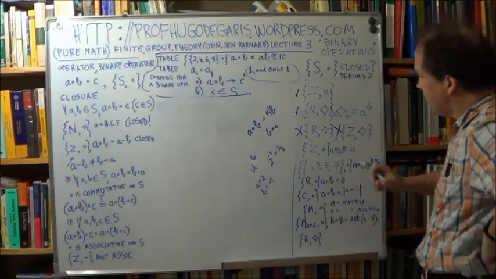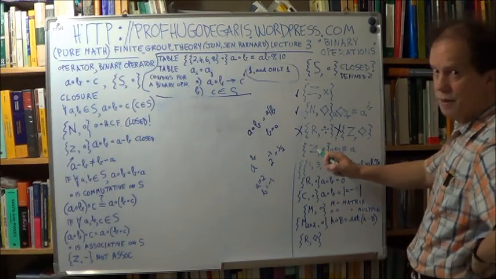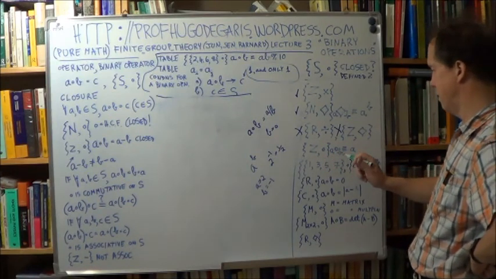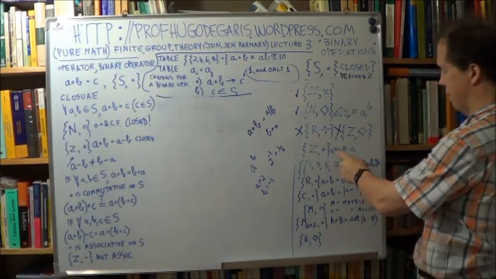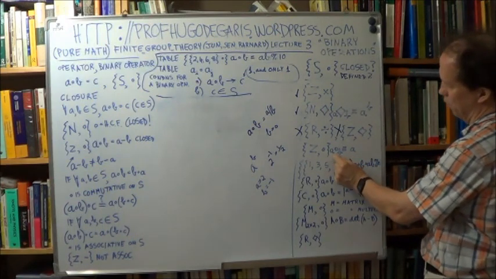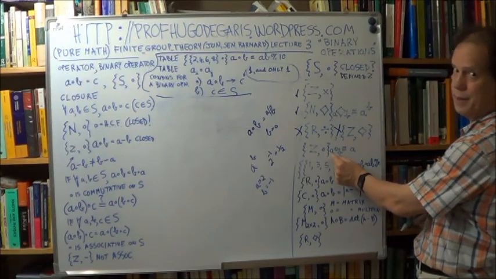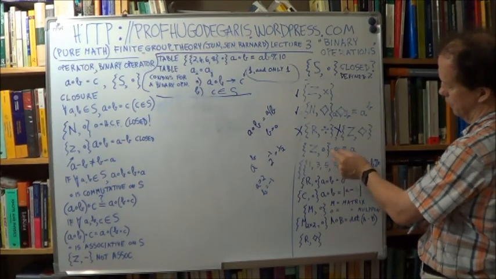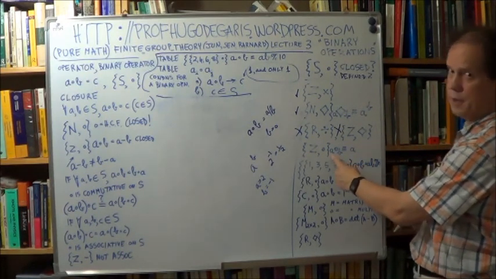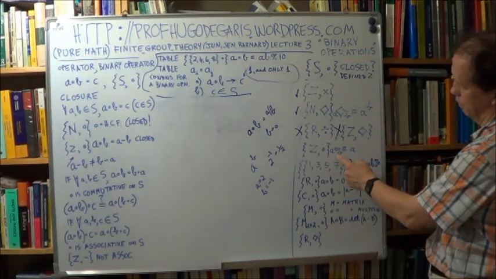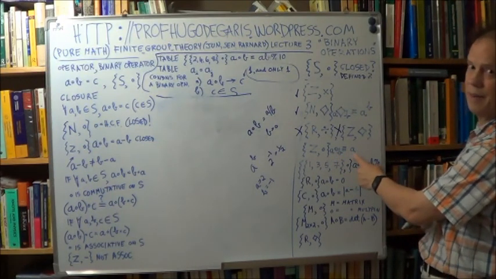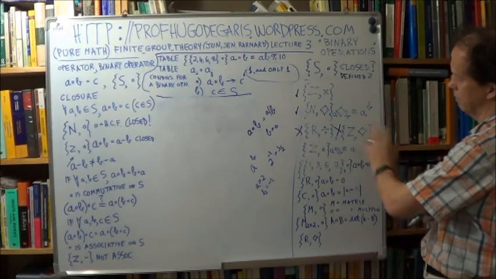How about this one? The set is again the integers. The binary operator takes all possible ordered pairs, and the result for each ordered pair is the first element. So A operator B is just A. Now, is that well defined?